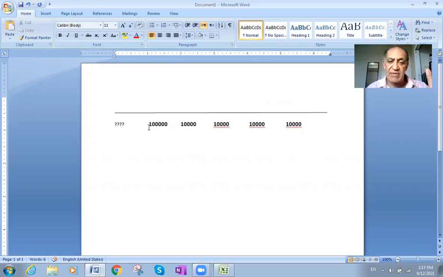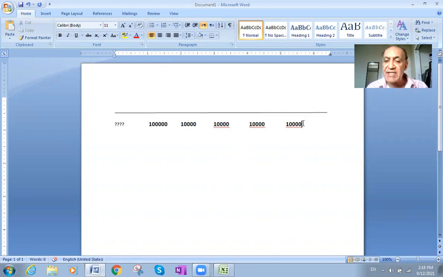After 1 year, 10,000 comes from the 50. Second year, another 10,000 comes from the 50. Third year, another 10,000. The fourth year, another 10,000 of the 50. And the fifth year comes another 10,000 out of the 50. We don't want them in the future. We want them right away.